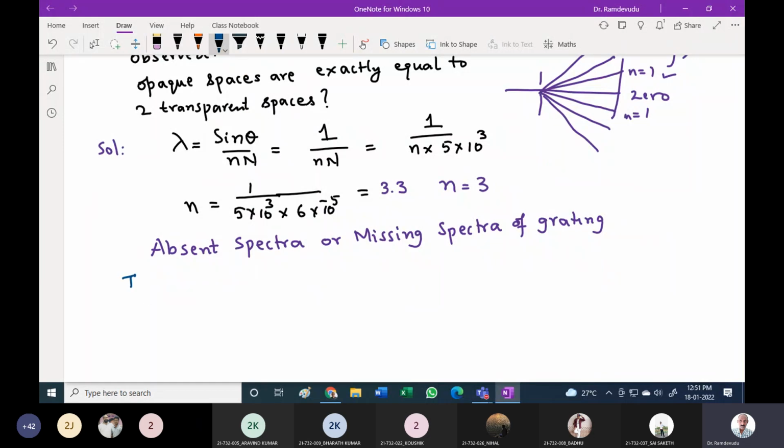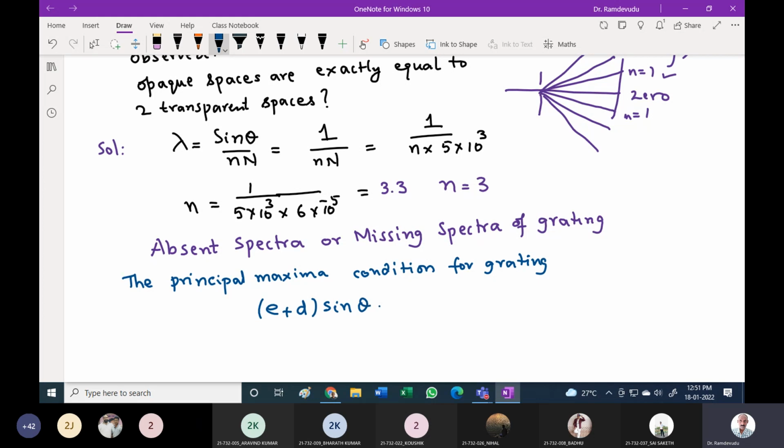To get this formula, we have already seen the condition for the principal maximum for the grating, which is called the grating equation. The grating equation is (e plus d) sine theta is equal to n lambda.